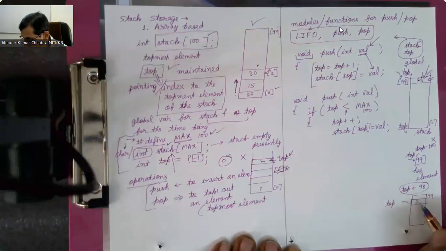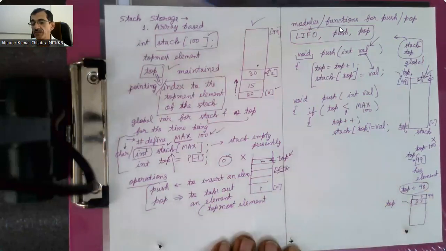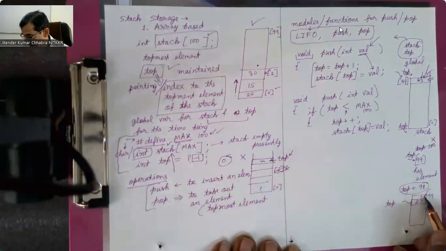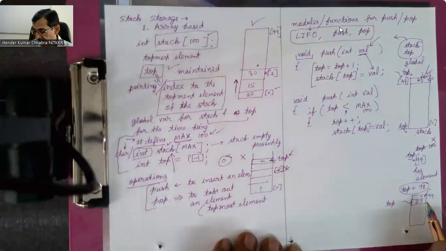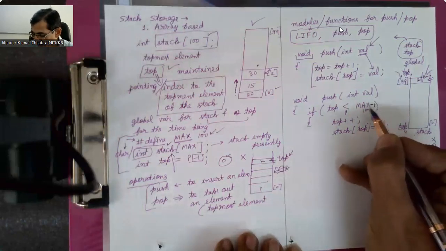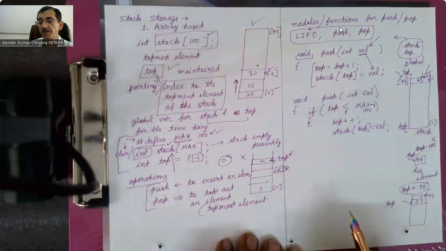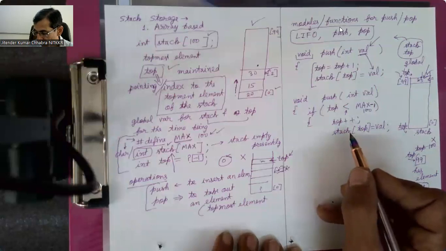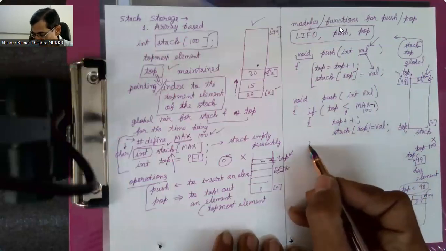This has got a value, let's say 27, but this place is free. So I can definitely store at the next place. So if top is up to 98, I am permitted, otherwise not. That means I should write, if top is less than max minus 1, it is permitted and the stack is not full, otherwise the stack has become full.